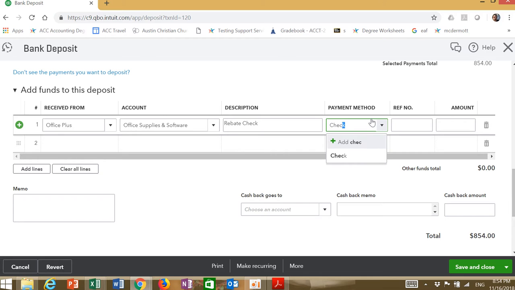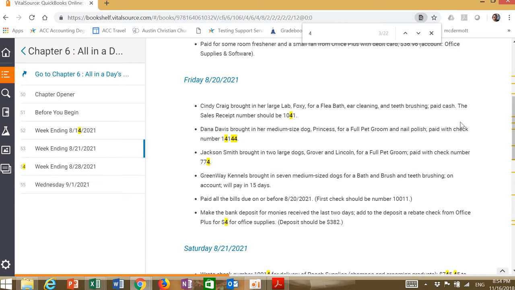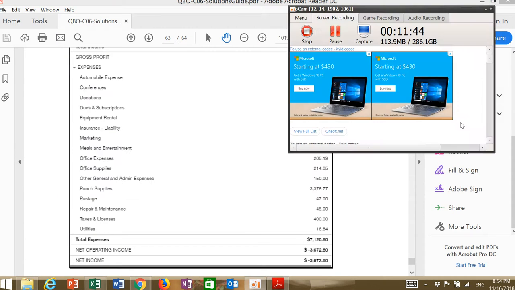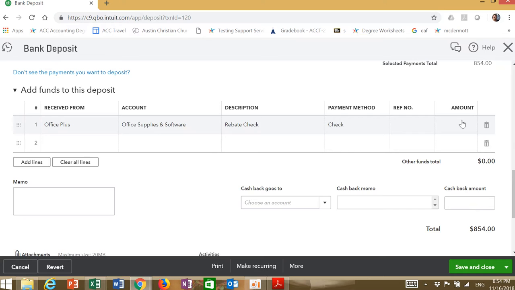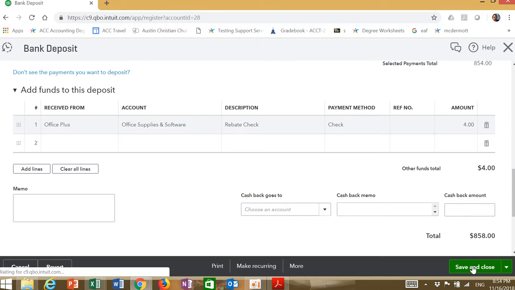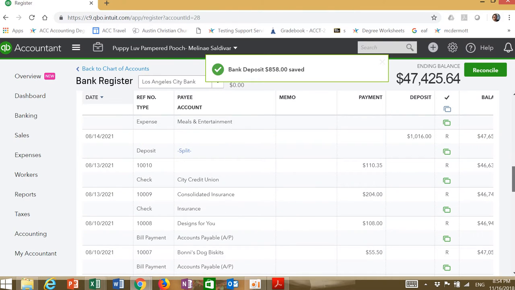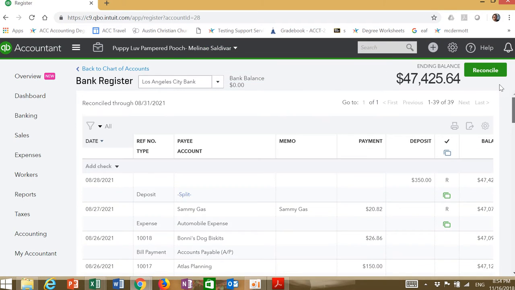Check. And do they have the reference number? Nope. Okay. So we're just going to put $4. Save and close. So that should partially fix one of the deposits.